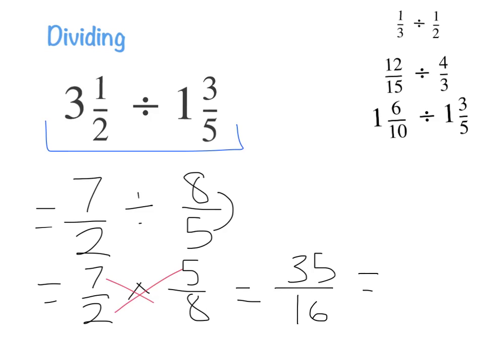Do not get your calculator out. 10 multiplied by 2 is 20. 6 multiplied by 2 is 12. So 20 plus 12 is 32. That is 2 times with the remainder of 3 over 16. Can I simplify 3 over 16? No, I cannot. Therefore, that is my answer.